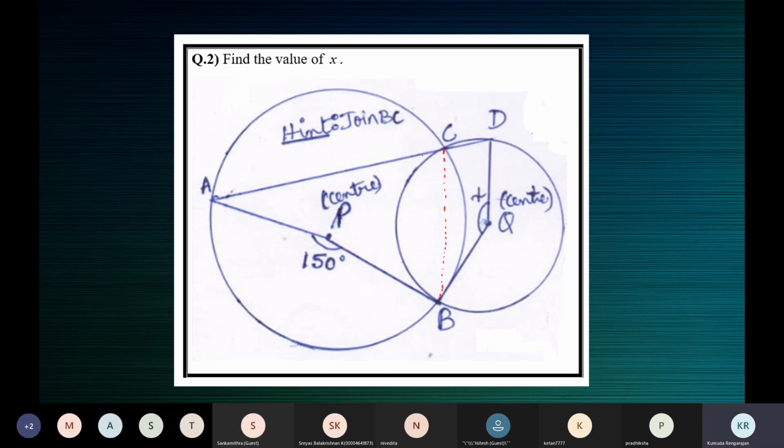Join BC. Now you can see this angle here. So angle APB is equal to twice angle ACB.